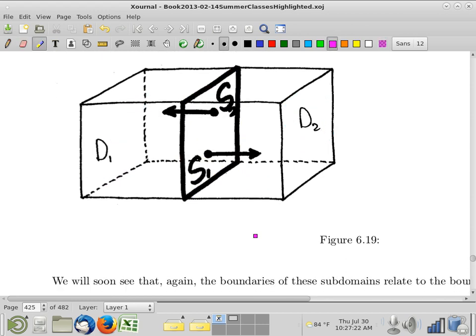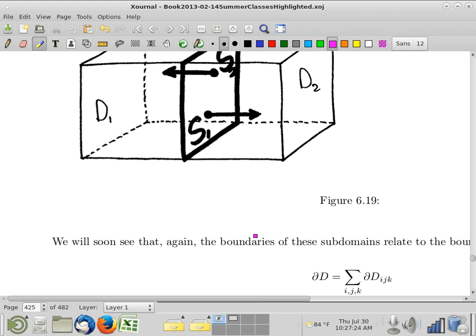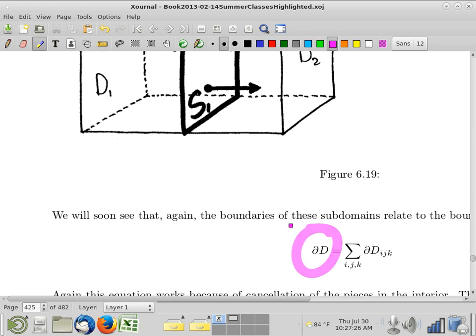So, punchline. The boundary of the entire solid is exactly equal to the sum of the boundaries of all the individual pieces. So this is where all the cancellation happens. Looking at the individual boundaries of the individual little pieces, there's all of these little shared faces in the inside. It's a network of lots of little shared faces.